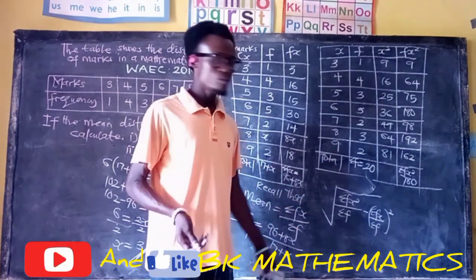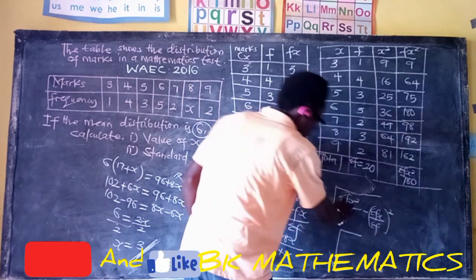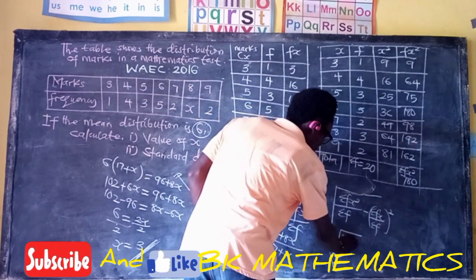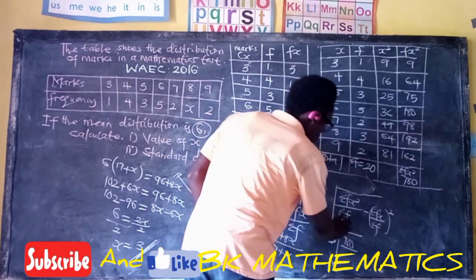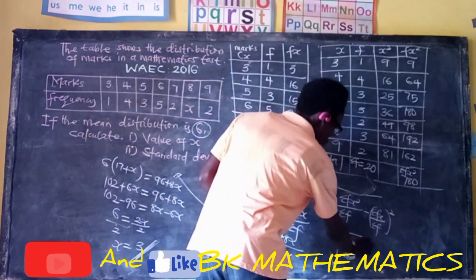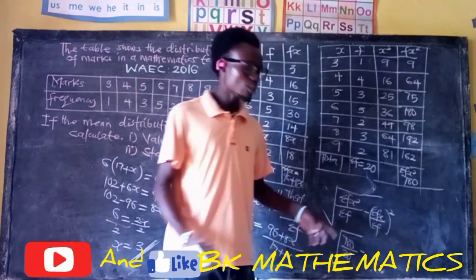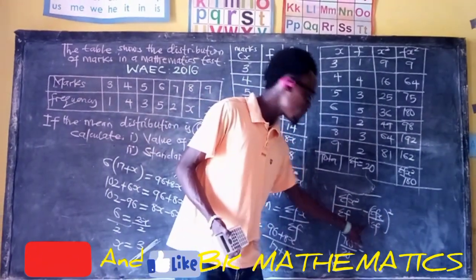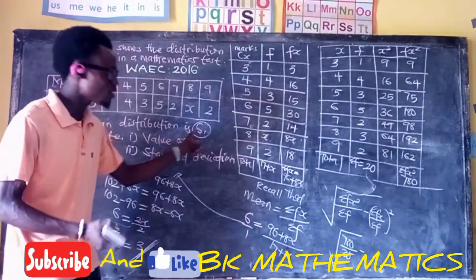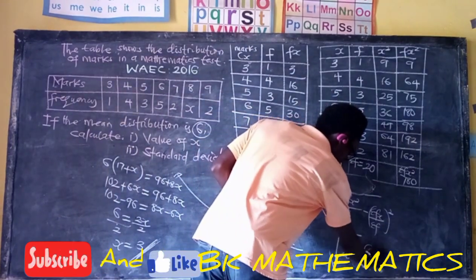From this point, we substitute now. So the square root, then what is in my fx squared? It is 780, divided by what is in my f, which is 20, minus sigma fx divided by sigma f. Let's just know that sigma fx divided by sigma f is the mean from the question that we are given. So automatically it becomes 6 squared.